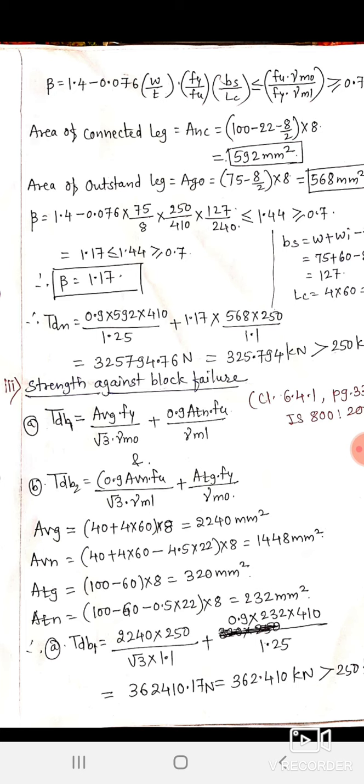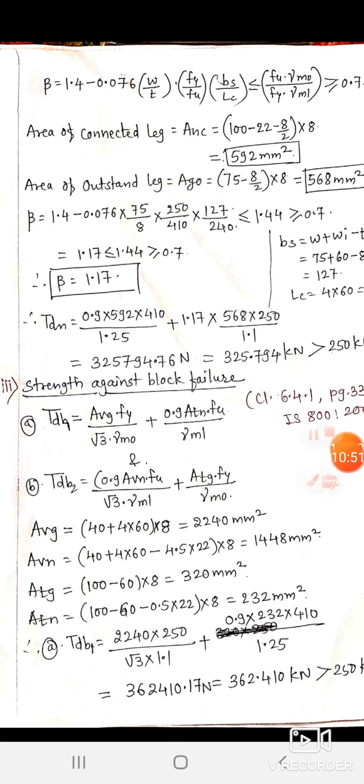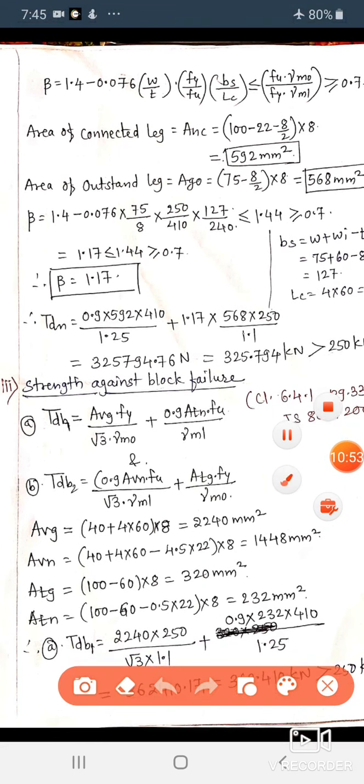So we are getting 592 mm square. Similarly, we will be calculating area of outstanding leg, that is AGO, gross area. So there is no bolt, so the bolt hole diameter we are not deducting. So 75 minus 8 by 2 into 8. So we will be getting the area equal to 568 mm square.